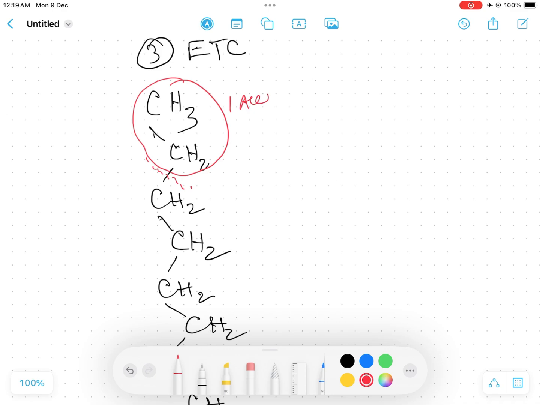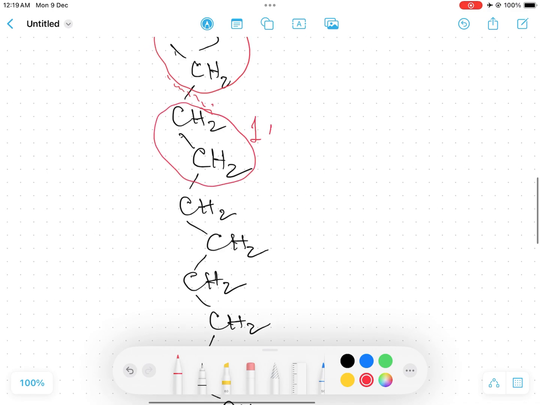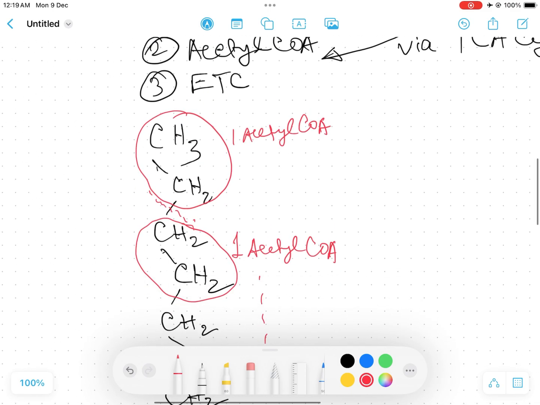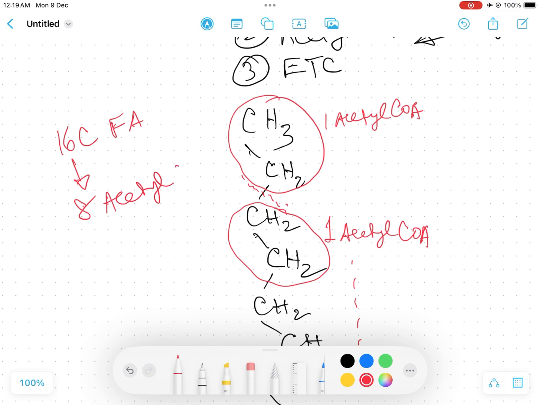First of all, suppose these two carbon units become one acetyl CoA. Then again these two carbon units become another molecule of acetyl CoA. So if you have a 16 carbon chain fatty acid, in total you will get 8 acetyl CoA molecules.